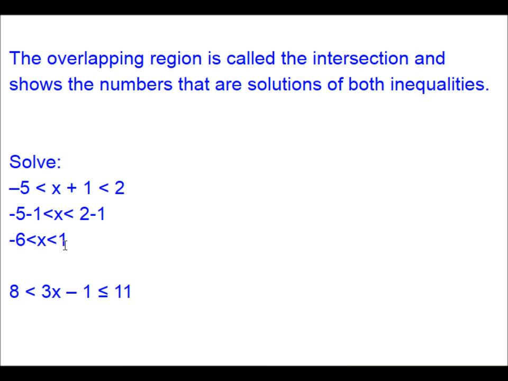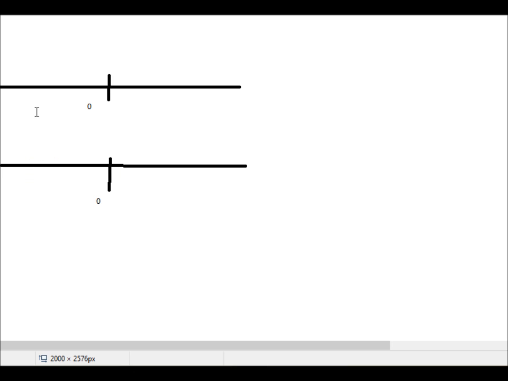So again we can plot it on the number line. It does not say equal to, that means x is between minus 6 and 1, not including minus 6 and 1. So you can easily plot it on the number line. Let's say this is minus 6 and this is 1.